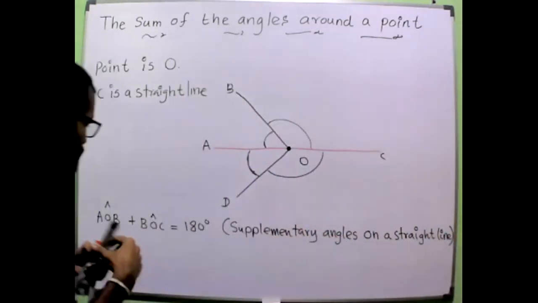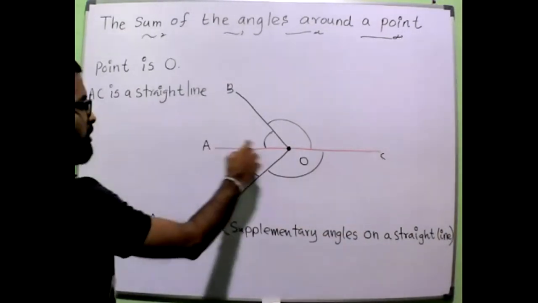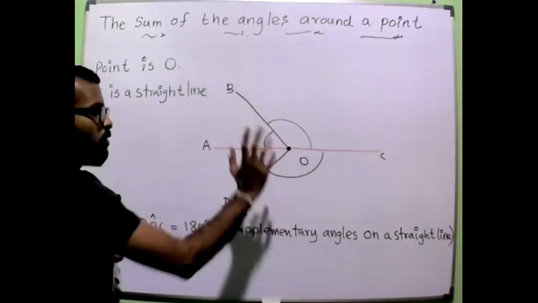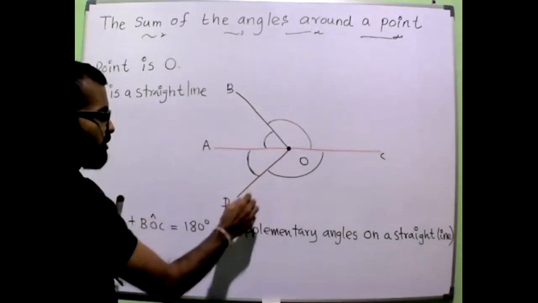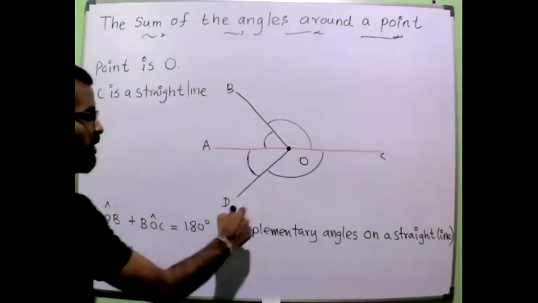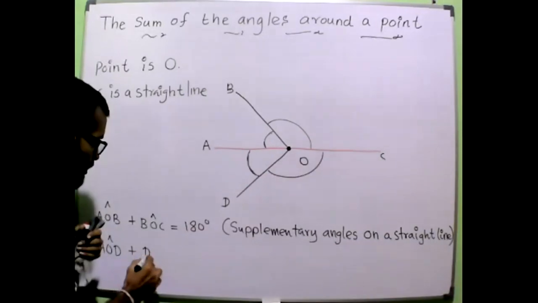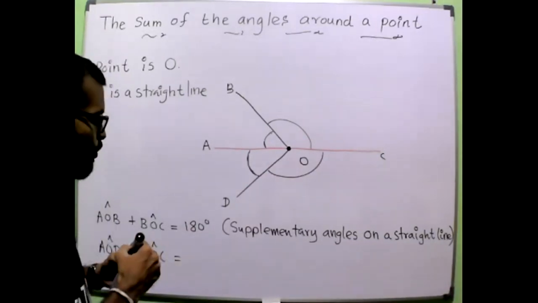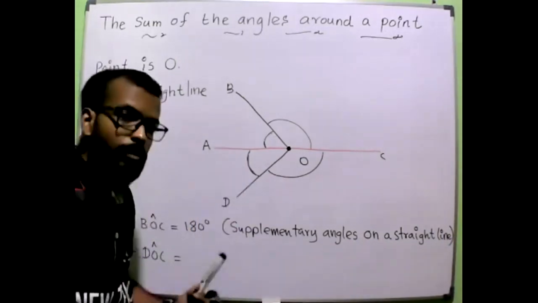AOB plus BOC. The upper part is okay, right? Upper two angles okay. Now the bottom angles, AOD angle plus DOC angle. So what is this? Again, same thing.